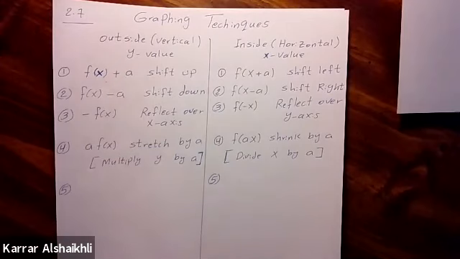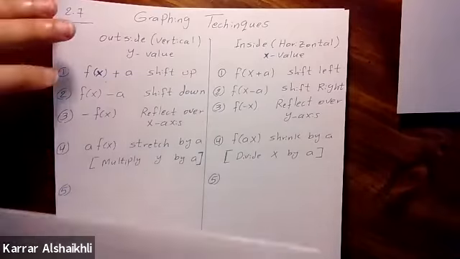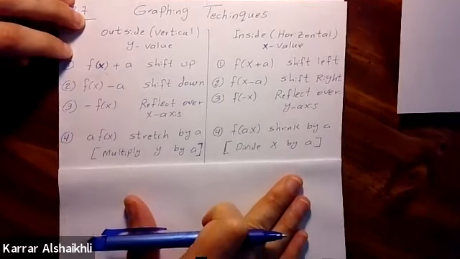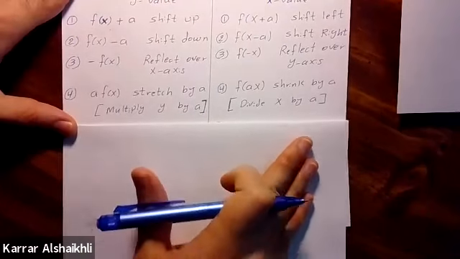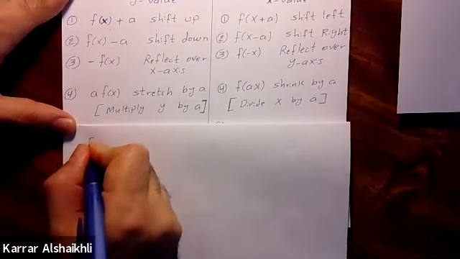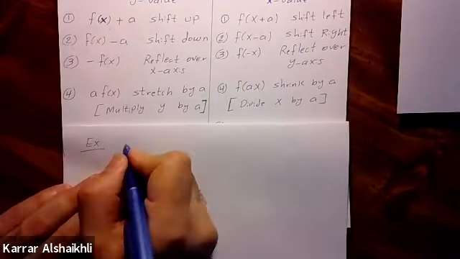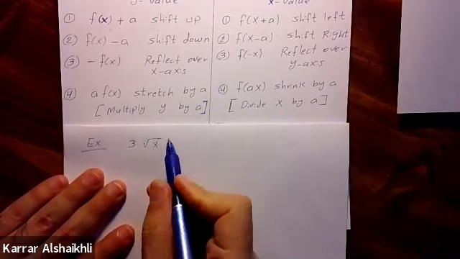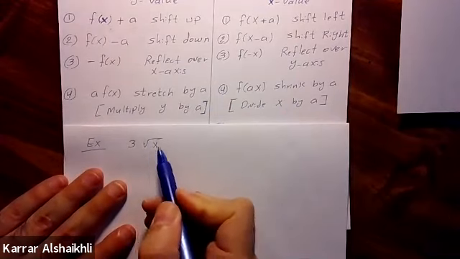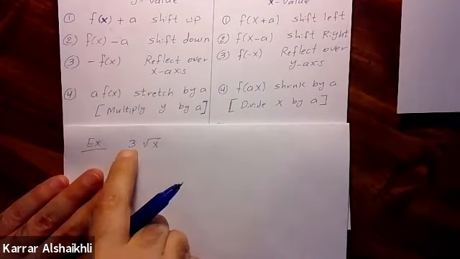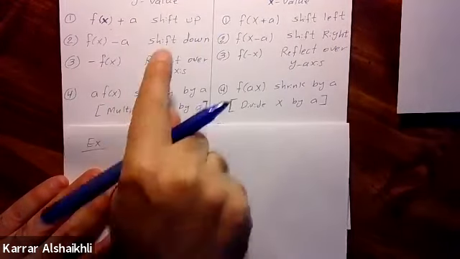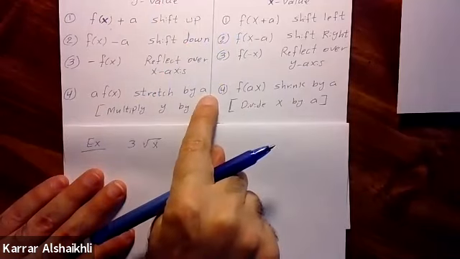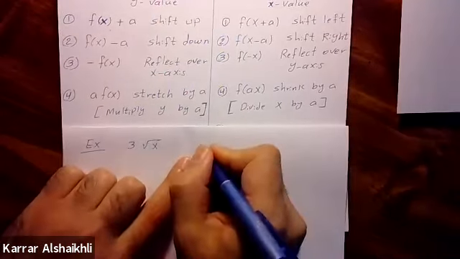Let's do an example about stretch by A, if we have a number multiplied by the function. Example about that, if we have 3 square root of x. You see, this is the parent function, and there is a number multiplied by the parent function, so it's going to be vertical stretch by 3.